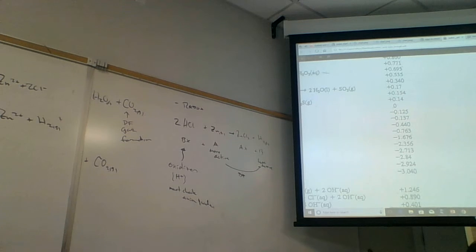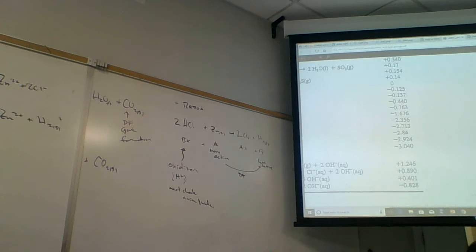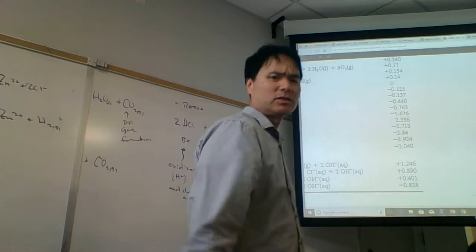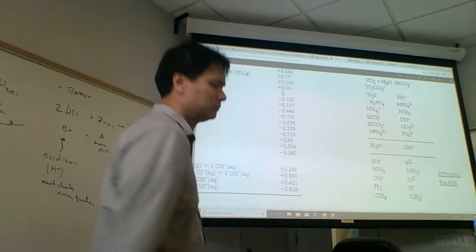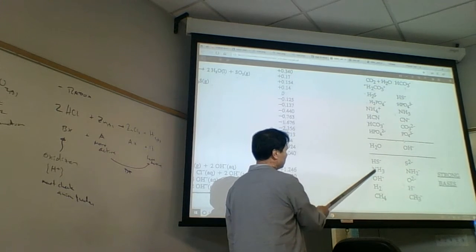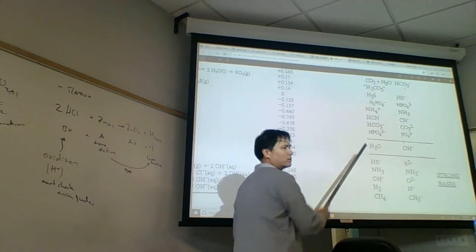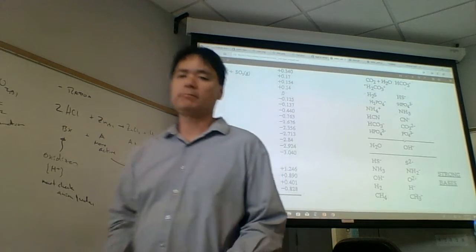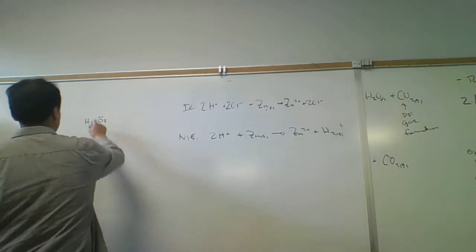Which acid is stronger, ammonia or water? When we look at the chart here, ammonia versus water, which one's stronger? Water is stronger. And so what that means is that the water will act as the acid.